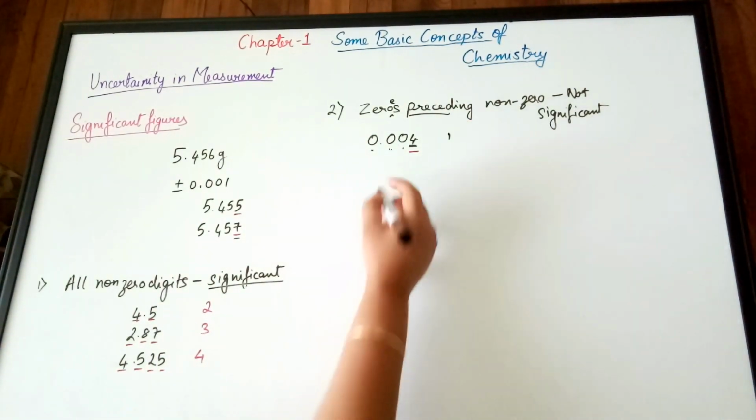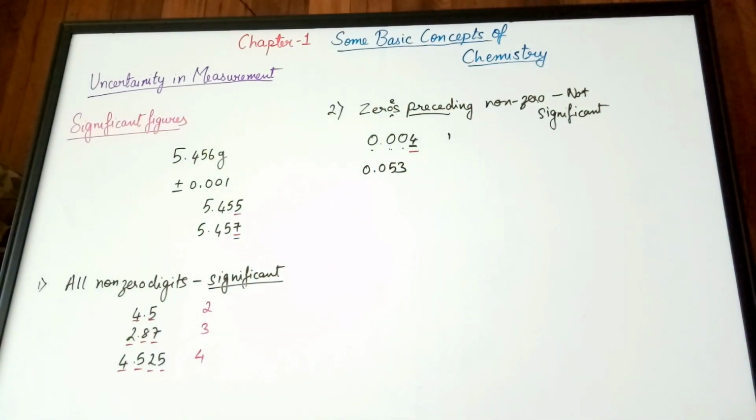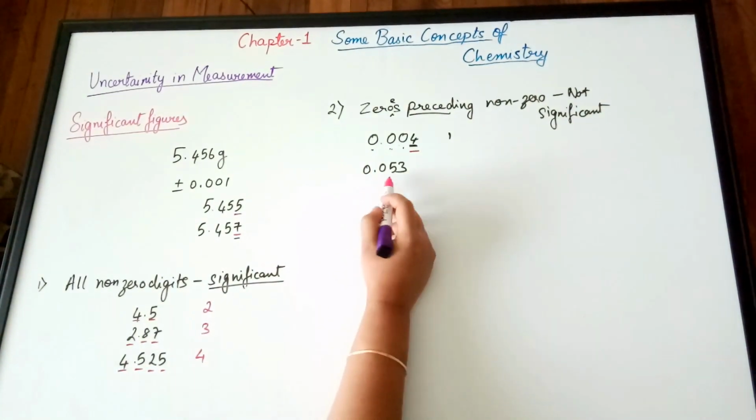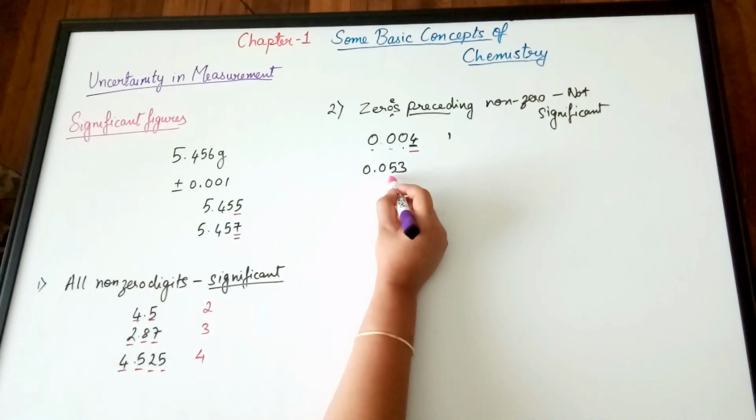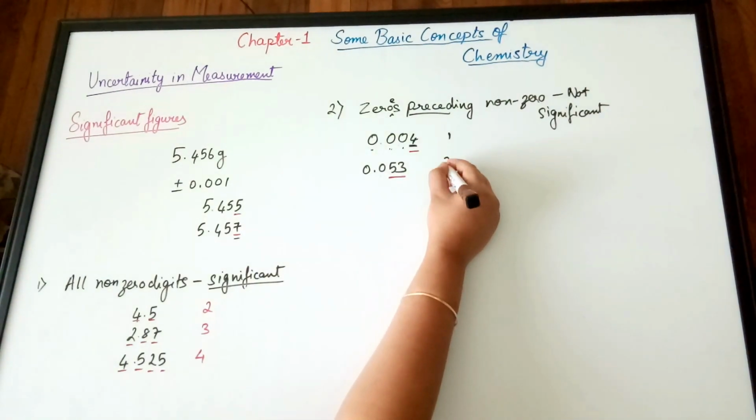Another example, 0.053. Think about it. Here you have two digits which are not zero. The two zeros before these digits are not going to be significant, so the number of significant figures is 2.